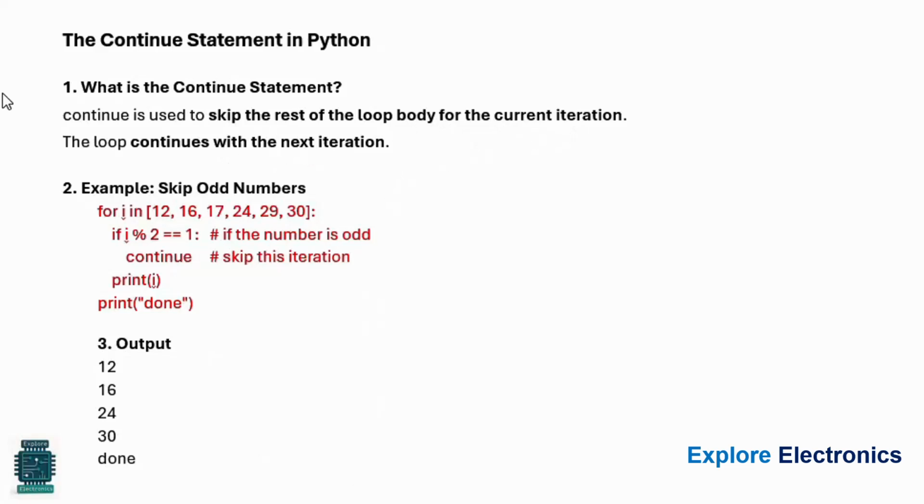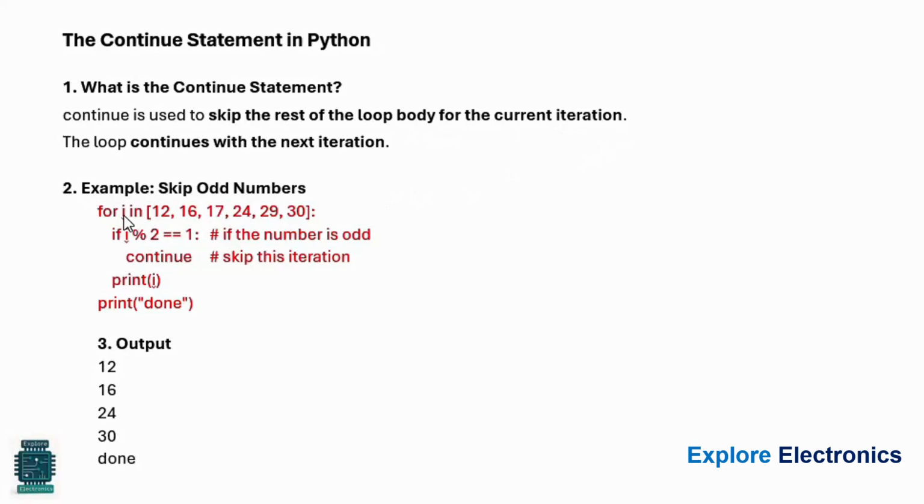Which means in break, wherever I enter the break, it will immediately stop the execution of that loop. But in continue, it will stop the execution just for that iteration and continue with the remaining iterations. Let us see once again. Continue is used to skip the rest of the loop body for the current iteration.